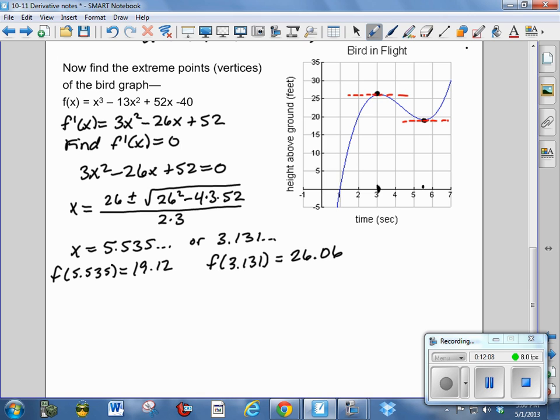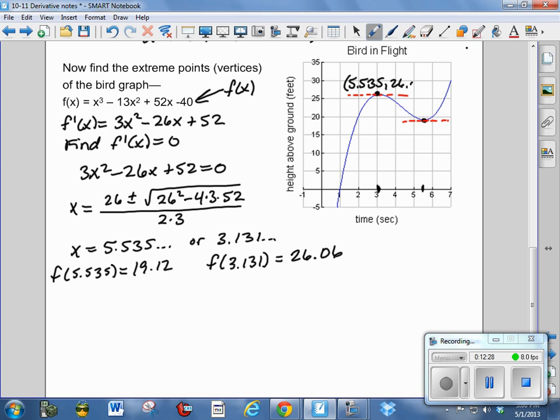And if you then plug the two x values back into the original function, this is our original function f of x here, then you can find the y-coordinates of those points. And those also look reasonable. So this is 3.131, 26.06, which we estimated the first day to be about 26.